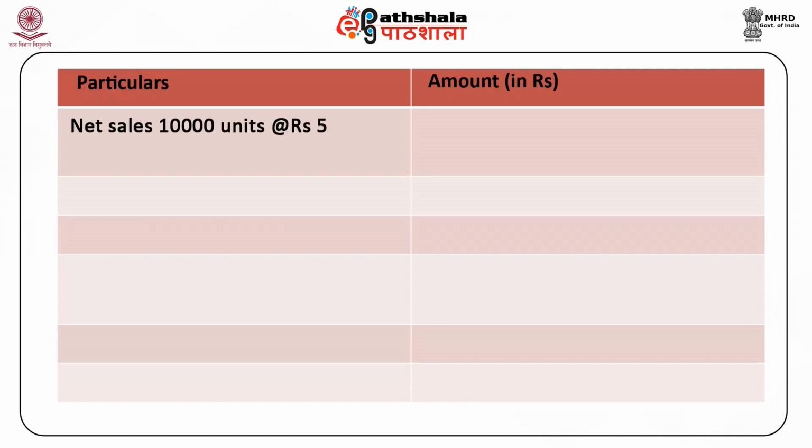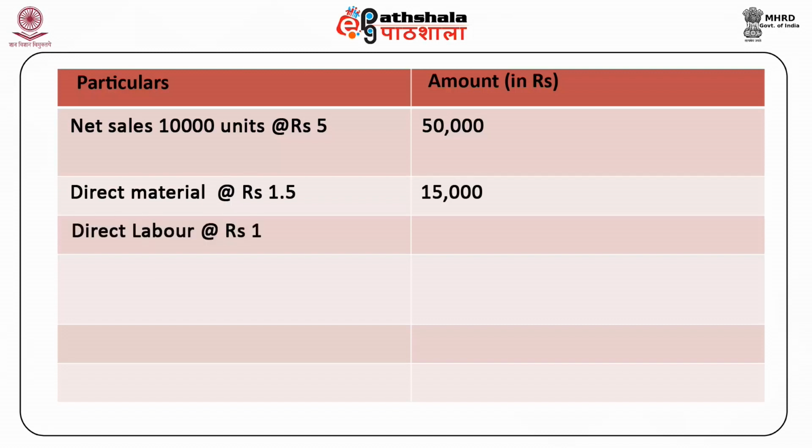Net sales is 10,000 units at the rate of Rs 5, that is Rs 50,000. Costs are direct material Rs 1.50 per unit, such that the total cost comes out to be Rs 15,000. Direct labor Rs 1 per unit, that is, total direct labor cost is Rs 10,000.